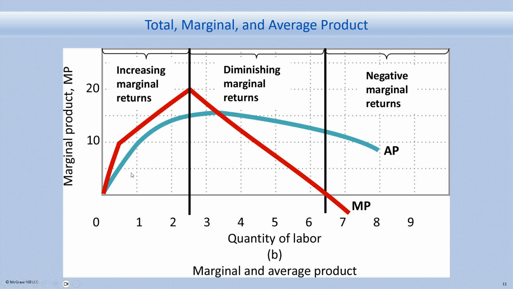Let's focus on the red curve for a moment. You experience increasing marginal returns when the marginal product is rising. You're experiencing diminishing marginal returns when the red curve, or marginal product curve, is decreasing. So I want to draw you a picture on this, and we'll come back and see where this picture makes sense.